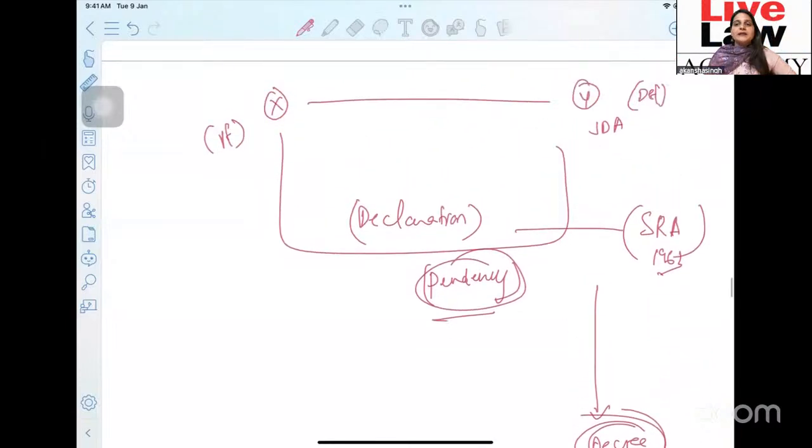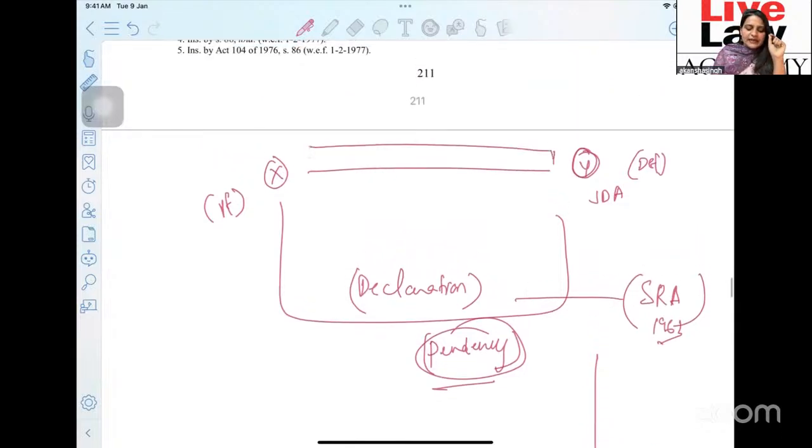And during this pendency, this Y, the person who is the defendant here, the representative of Y writes an undertaking and provides it to the court. The undertaking is about promises. Y promises to the court that I will not transfer this property.